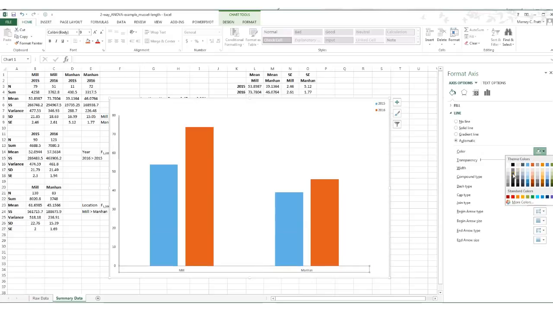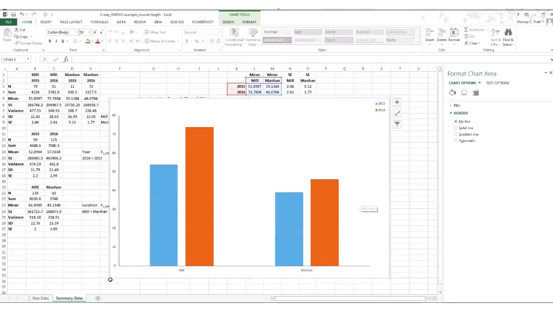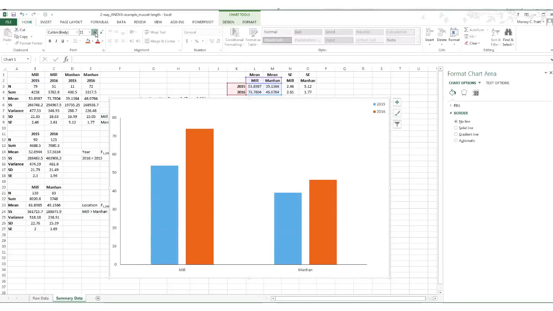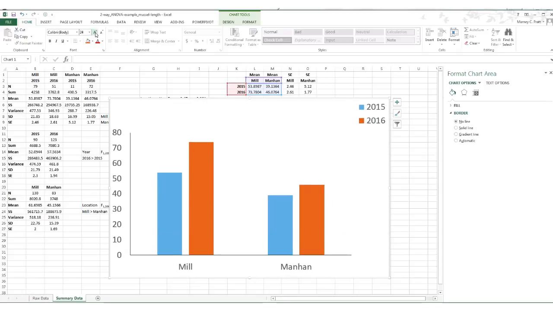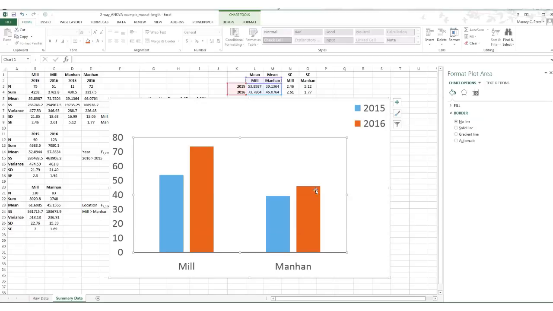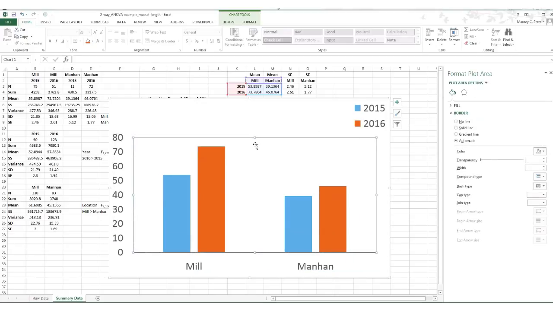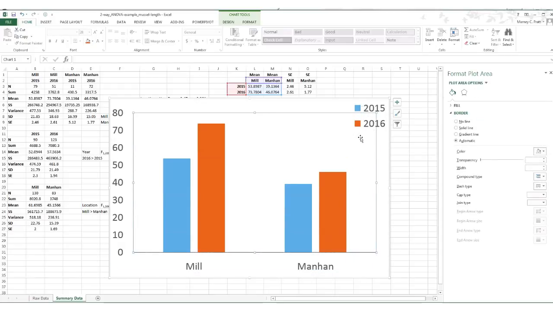Change this one to medium gray. So now we have nice axes. We want to increase our font size quite a bit. Make that a little bigger. Let's add in our axis titles.